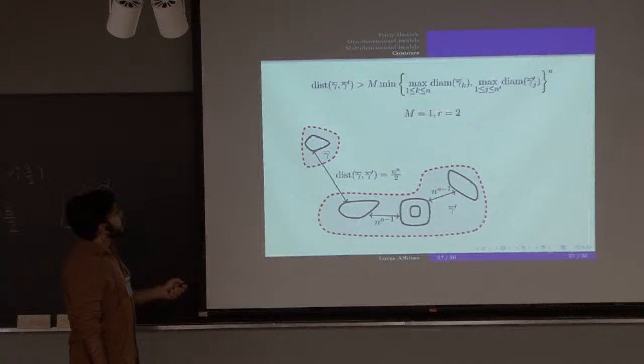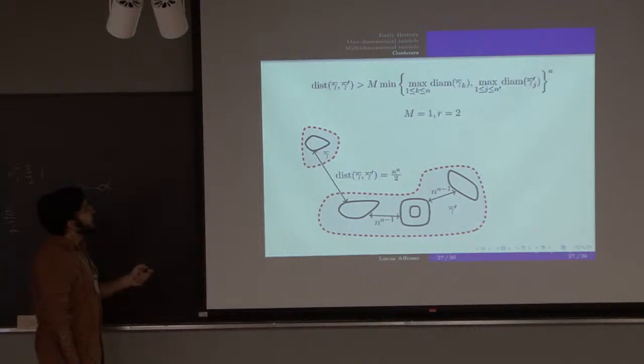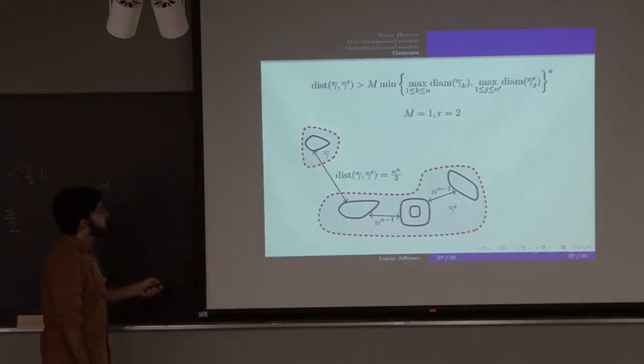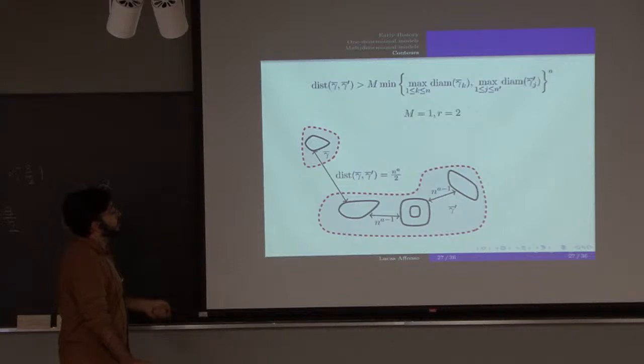And then when you plug this in, what you get is that in order to satisfy condition B2, their distance should be larger than m times the minimum of the maximum diameter of each one of these partitions. In this case, it would be something like 3n, I don't know, and in this case, it will be something like n. So the distance should be larger than n times n to the power a. And as you see, I put this conveniently, the distance should not be less than n to the power a. So this is not allowed.